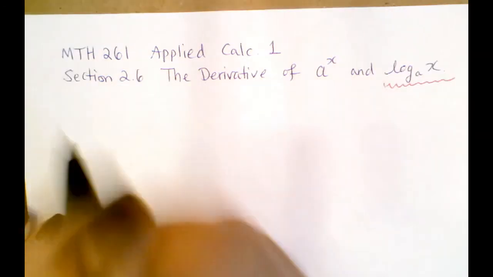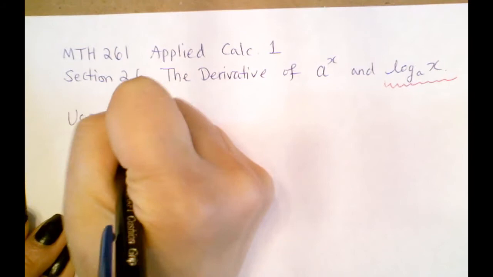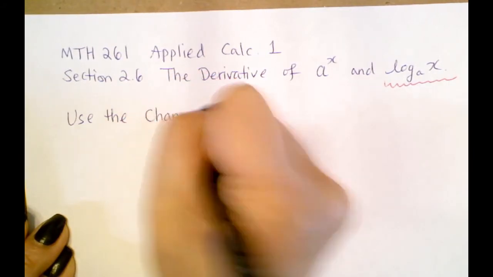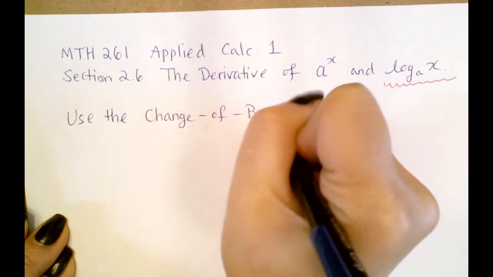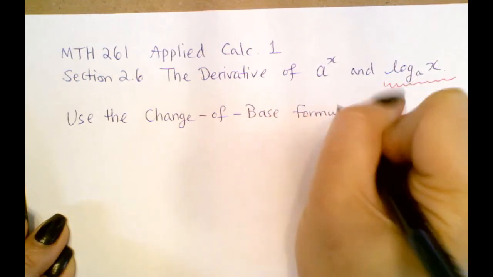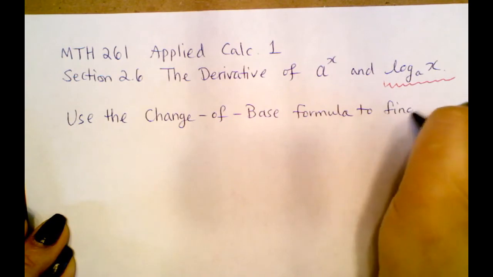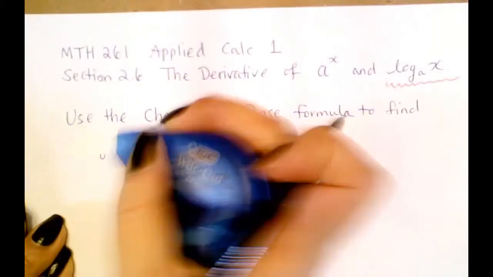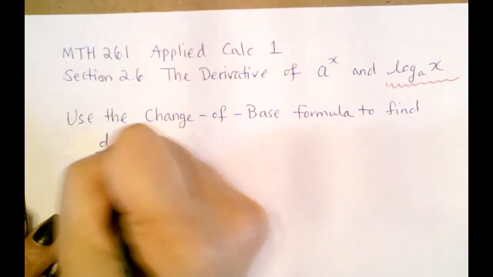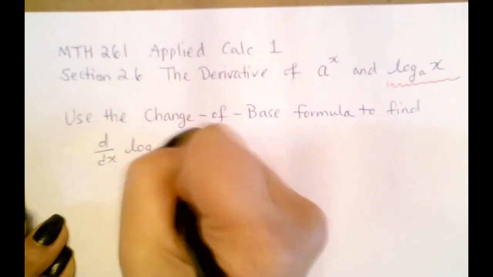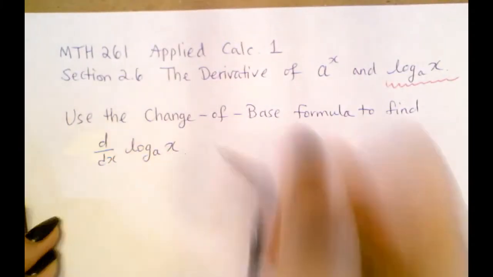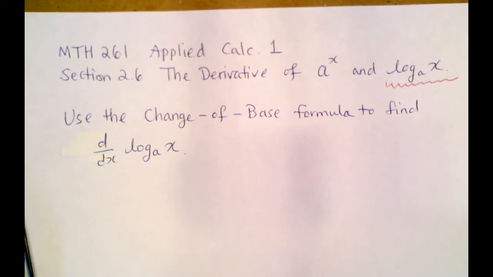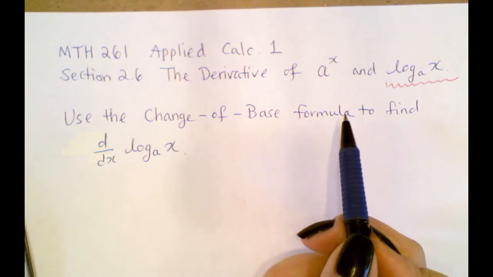So do write this down: use the change of base formula to find the derivative with respect to x of log base a of x. We'll do this first, and then if you like to use that formula or theorem, you can. But I tend to keep on using this change of base formula for every problem.